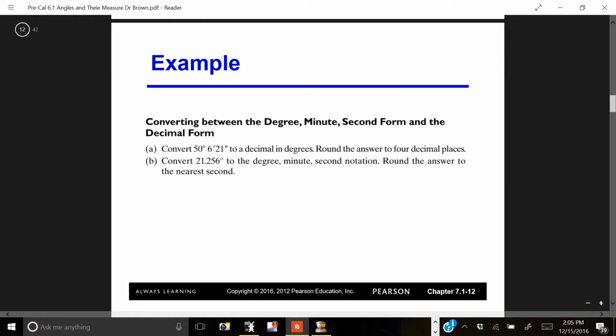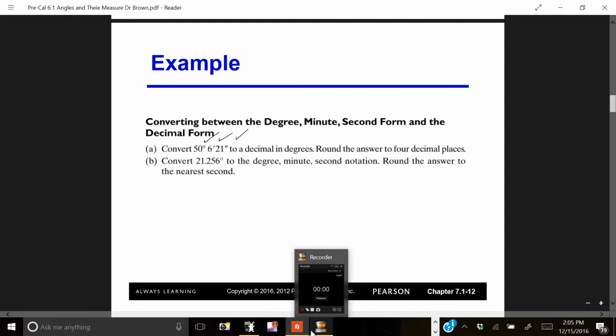Okay, we're going to do an example converting from degrees, minutes, seconds form to decimal form, and from decimal form to degrees, minutes, and seconds. So first we're going to take an angle that's 50 degrees, 6 minutes, and 21 seconds to a decimal, and then round to the nearest 4 places.